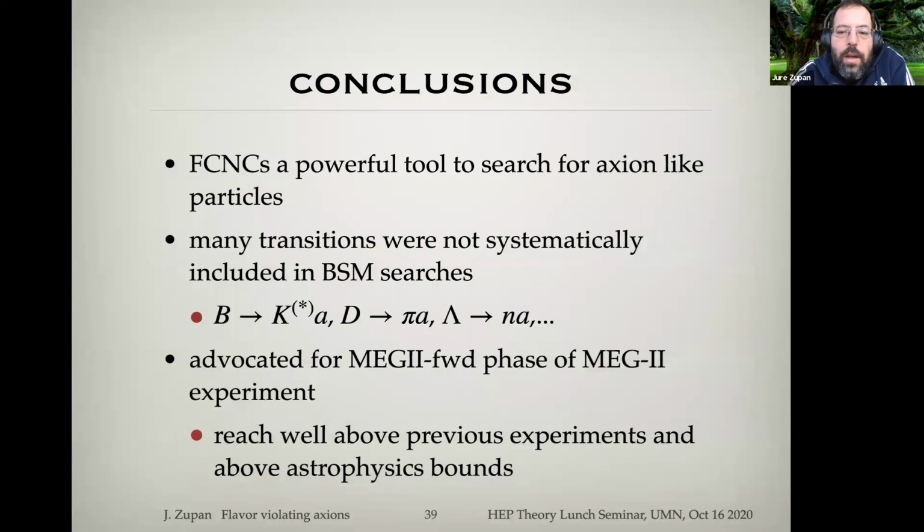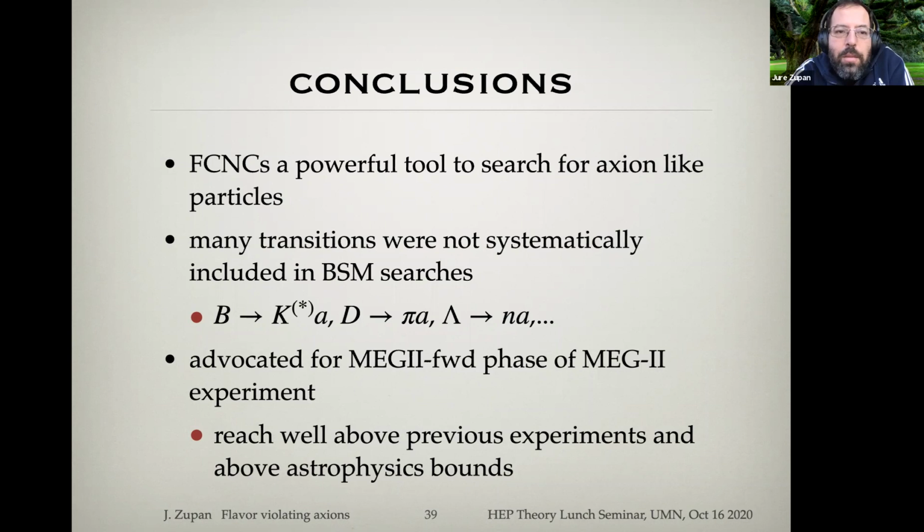All right, so I talked about the FCNCs to search for axions. There were maybe two messages here. One, which was interesting, was that this type of search fell by the wayside in the quark flavor community.